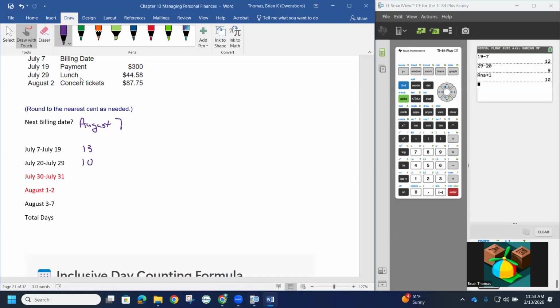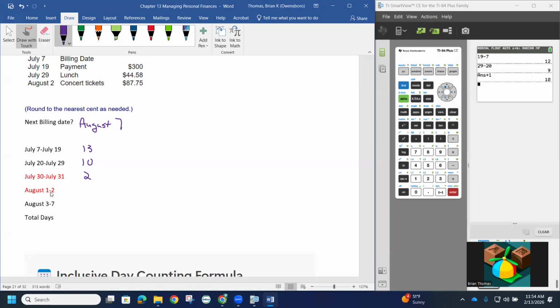But notice that on July 29th, a transaction happens again. So starting on July 30th, our balance changes. And nothing happens again until August 2nd. So notice how we have a crossover, we go from July to August. July 30th, July 31st, that would be 2 days.